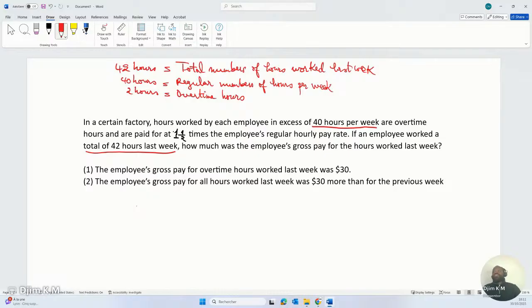So the first condition tells us the employee's gross pay for overtime hours worked last week was $30.